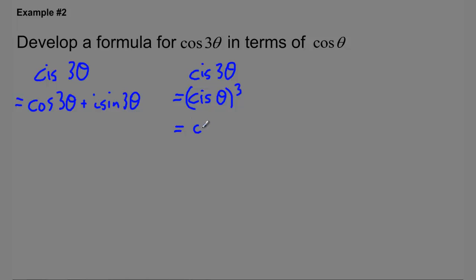Remember, cis of theta is the cosine of theta plus i sine theta. And we're going to cube it out. Probably easiest to use the binomial theorem to cube it out.